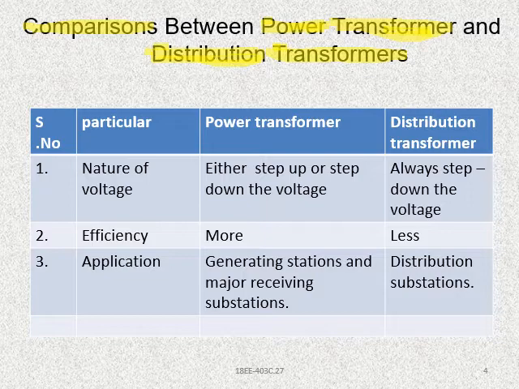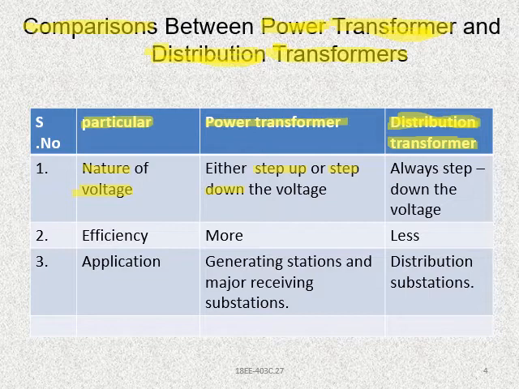So firstly, we have a power transformer and a distribution transformer. Is that clear? The first, nature of voltage. In a power transformer, it either steps up or steps down the voltage.